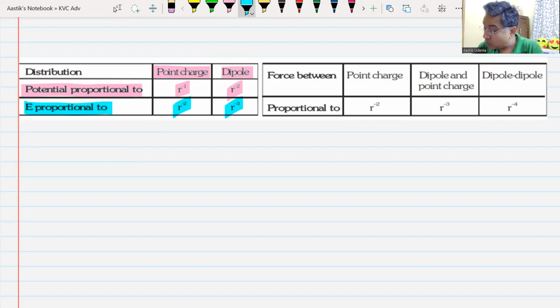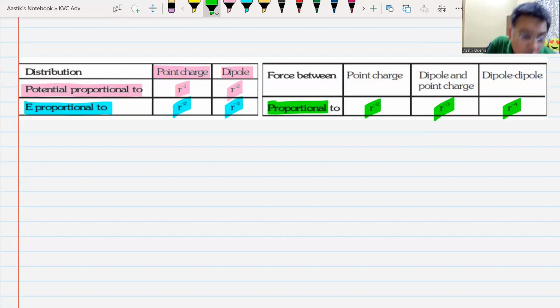Remember this. Force between two point charges is proportional to 1 by r square. Force between one dipole and a point charge is 1 by r cube. Force between two dipoles is 1 by r raised to the power of 4. Don't forget this. I've seen some straightforward questions coming on this.